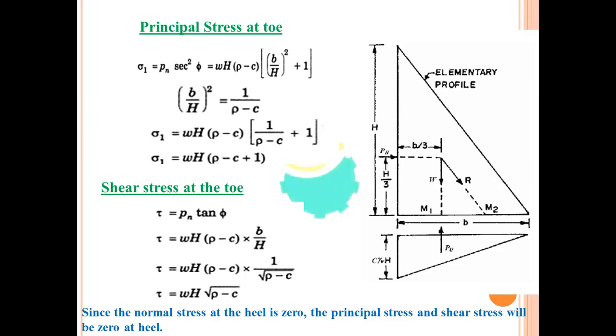Similarly, shear stress, tau equal to Pn tan phi. Pn is WH rho minus C. Tan phi means B by H. So this is H, this is B. So tan phi equal to B by H. Where B by H, what is the B value? Base width value.